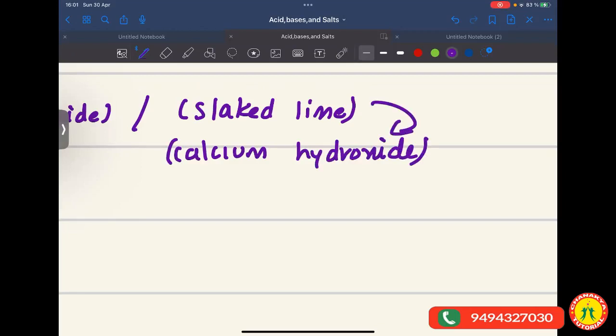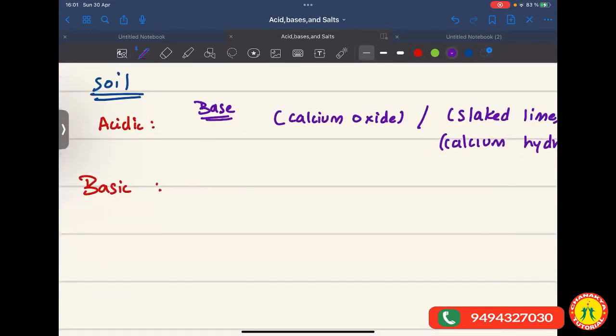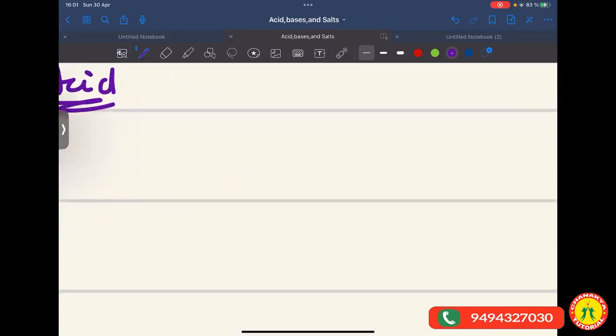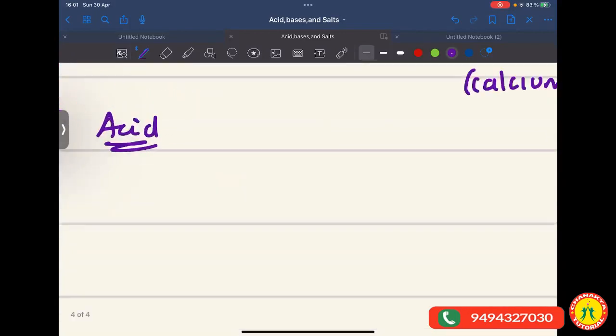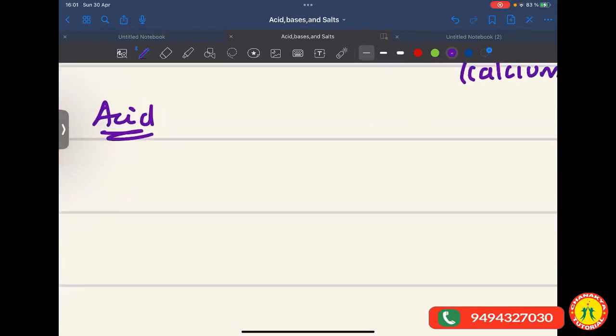All right. So if the soil is too basic, then you will add an acid, which is an organic compost, basically.